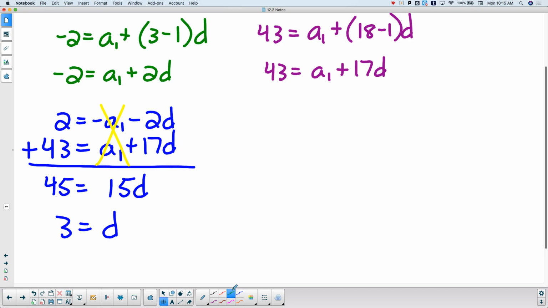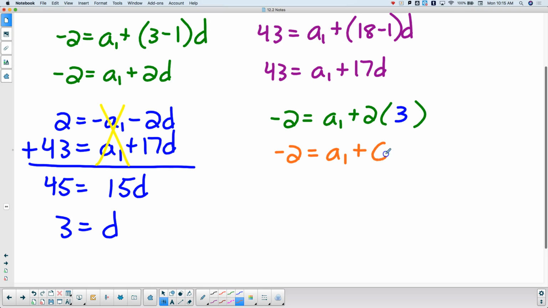Plugging that back into my green equation, I would get negative 2 is equal to the first term plus 6, so I'd get negative 8 as my first term.